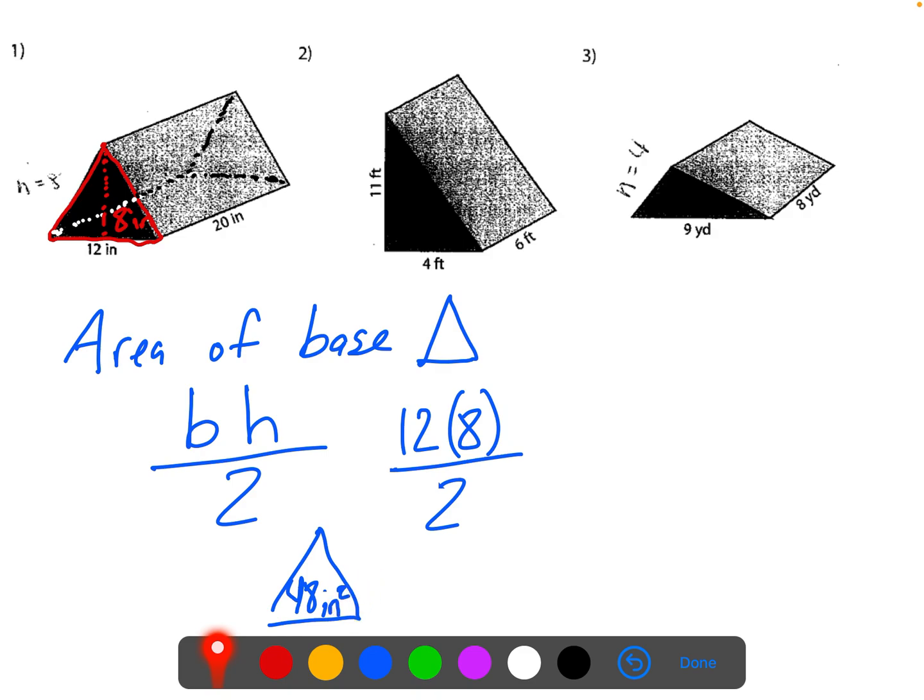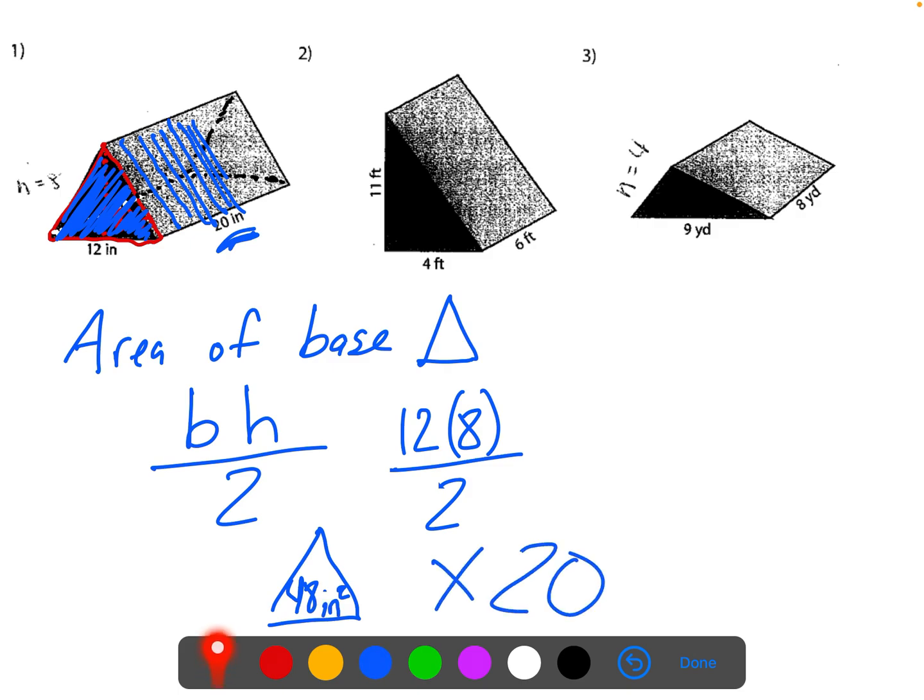Now, the question asks us to find volume. All we've done so far is we have found the area of this base triangle. Okay, basically we found the area of one slice of bread. Now, this is an entire loaf of bread. So we're taking all of these slices, and there's 20 slices there. So we're going to take the area of one slice, and we're going to multiply it by 20.